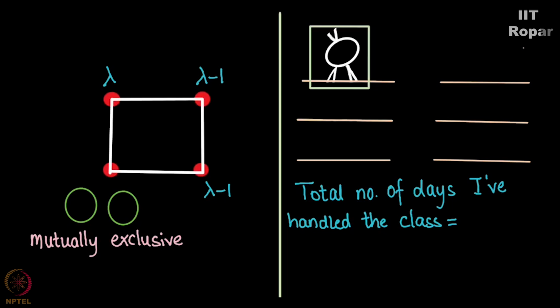I see you in my class. 30 classes, you are there in my class. 10 classes, you are not there in my class. So I have handled a total of 40 classes, which is 30 plus 10. 30 with you, 10 without you. Is there a third possibility? None at all. These two are mutually exclusive possibilities and the sum total gives me the total possibilities.